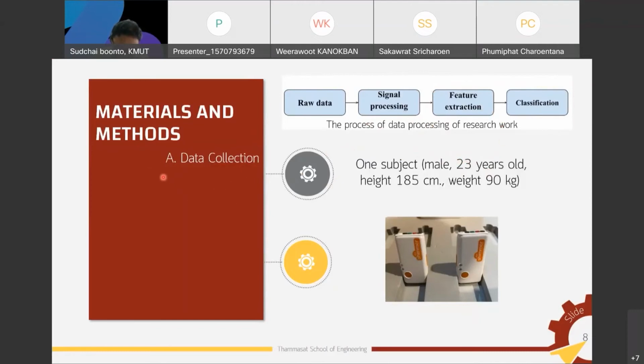In the first part, data collection, one subject was used in this preliminary research. The data was collected from 2 Shimmer devices, including 2 channels of SEMG, 3 channels of accelerometer, and 3 channels of gyroscope with a 1 kHz sampling rate.